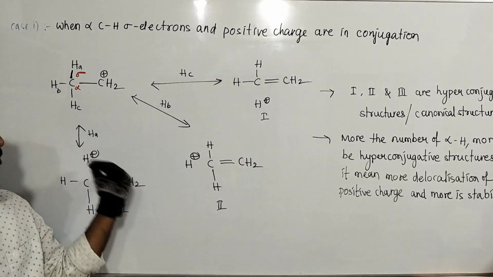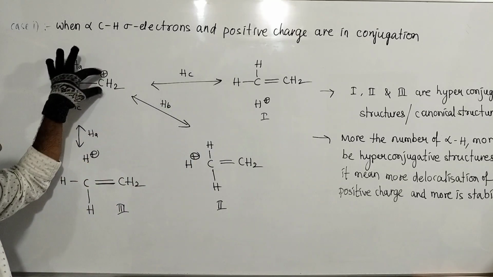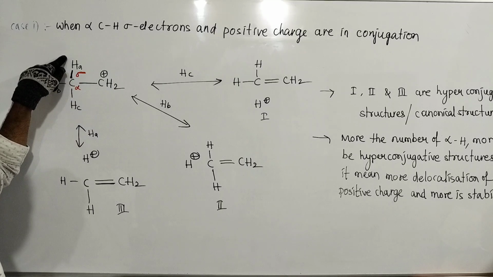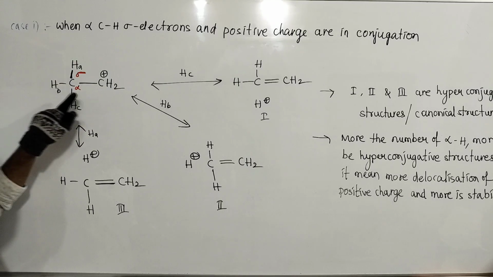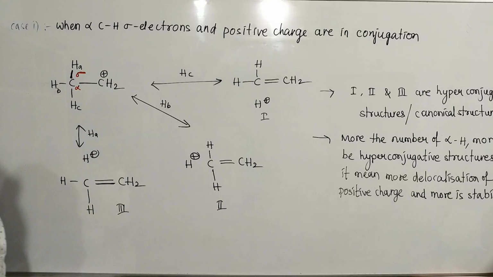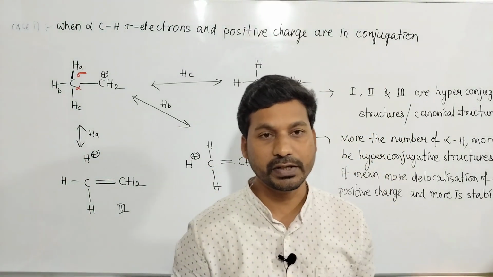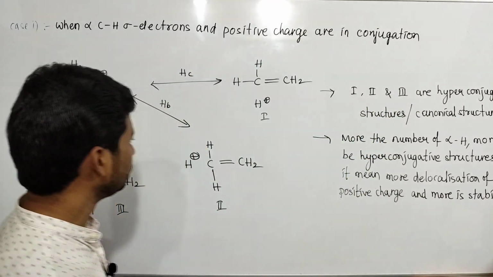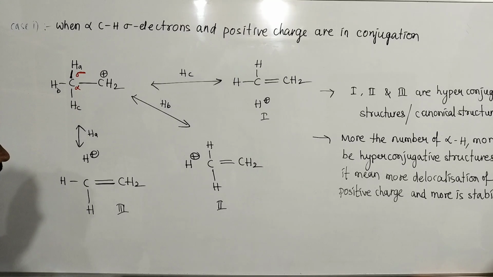Delocalization of positive charge is more. Here the positive charge is localized. When it comes here, that is delocalization. If it comes here, that is delocalization. More the delocalization of charge, more will be the stability. Remember that one. That's why more the number of alpha hydrogen, more will be hyperconjugation, more will be the stability. That is my point. Okay, right.